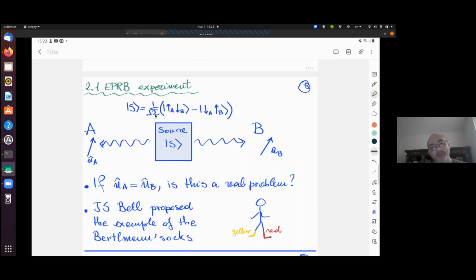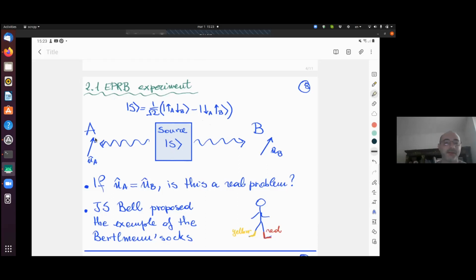Okay, so the textbook, or the popular version, let's say, is the following. We take a source. This source produces a zero spin particle, which is made of two constituents. So there is a spin up, a spin down, it is spin zero, so that will be in a singlet state. Okay, and then the particle of spin zero disintegrates into two components.